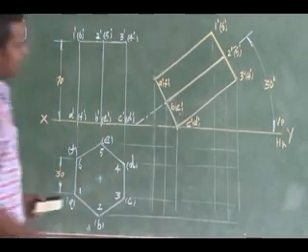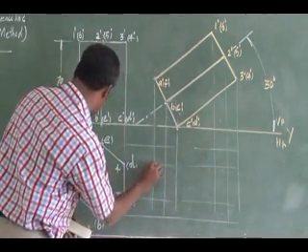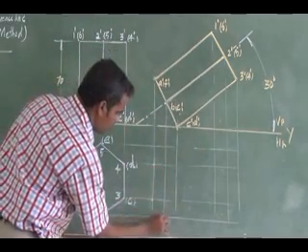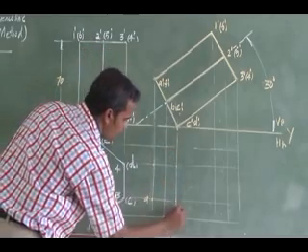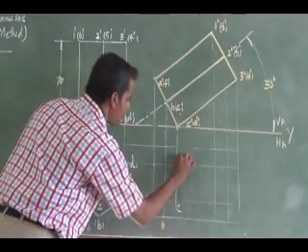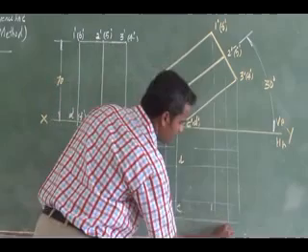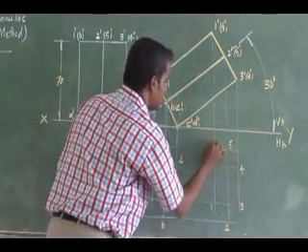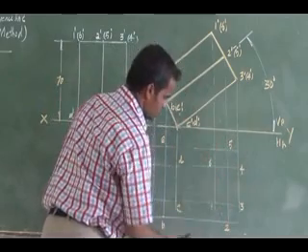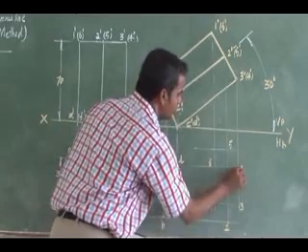See here. Now the intersection locations you mark. So this is my intersection point A. Right. So I have got an intersection point.